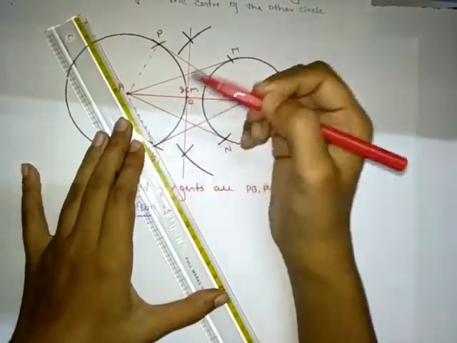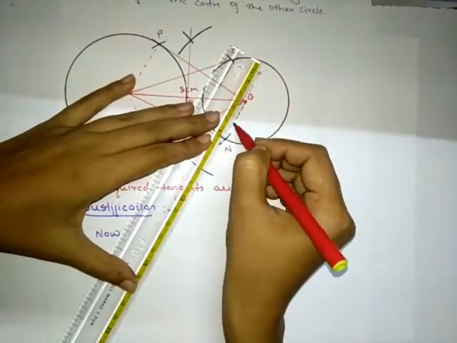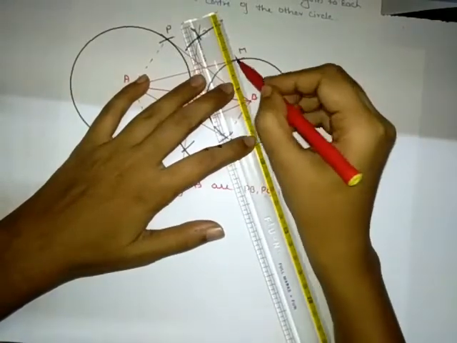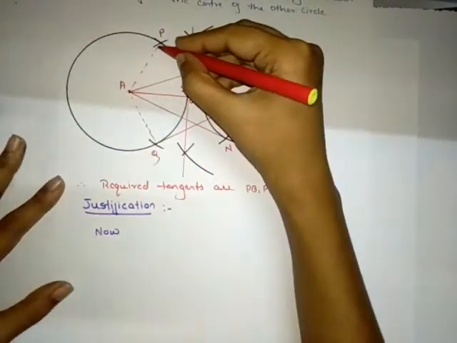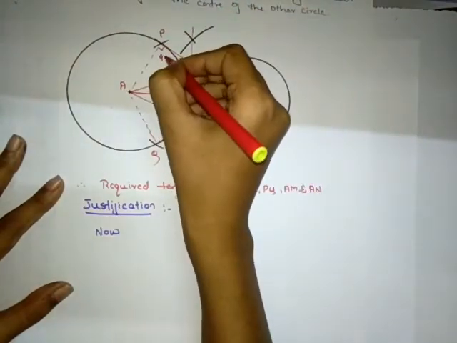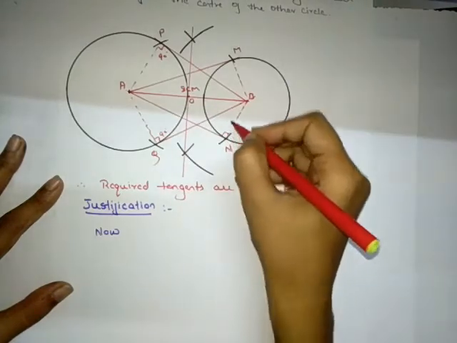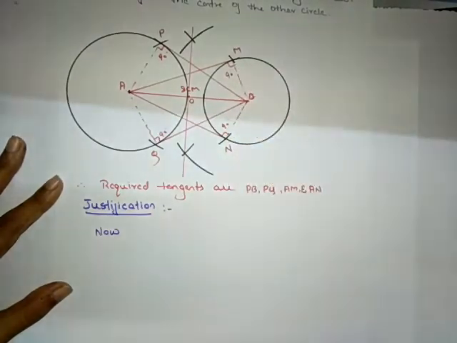These are the radii of the circle, and again we'll join BN as well as BM. Right? Now you all know that angle P is 90 degrees, angle Q is 90 degrees, and angle N is also 90 degrees, and angle M is also 90 degrees, isn't it?